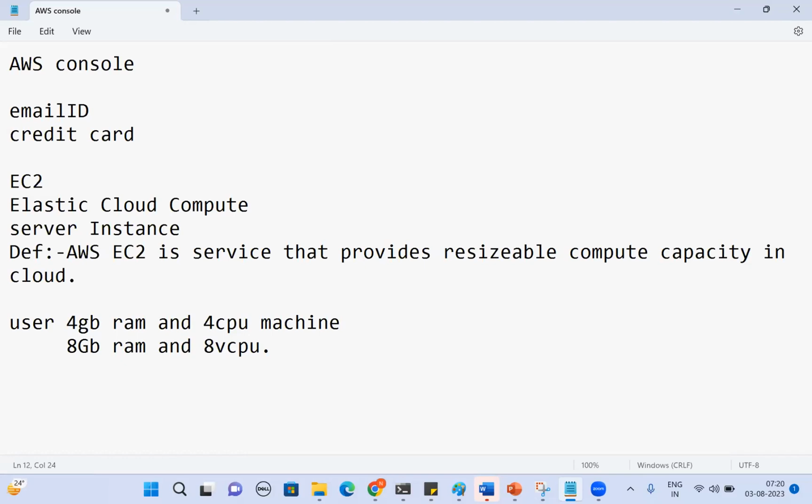Instance is nothing but a server. So as per the requirement, I am able to change the capacity of the compute. That is what resizable compute means.